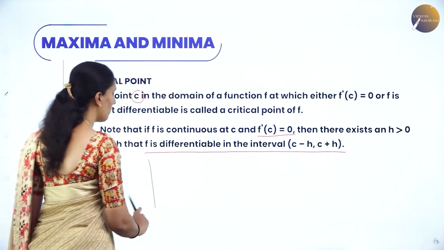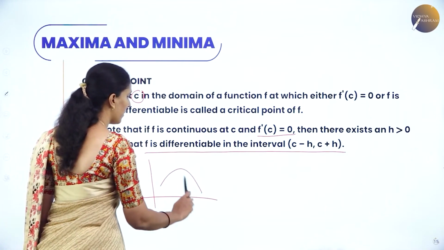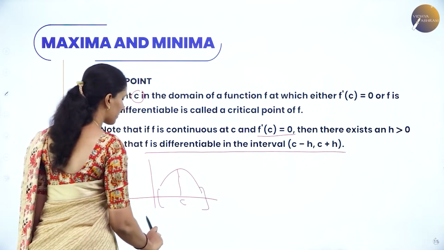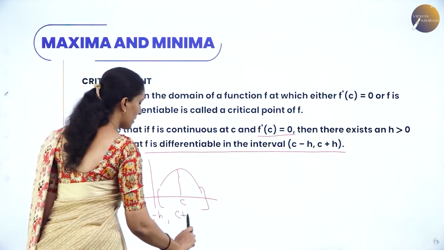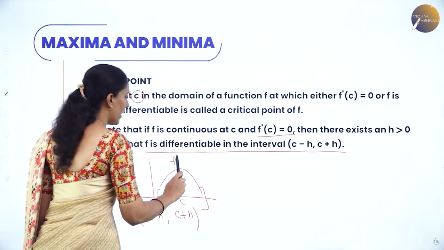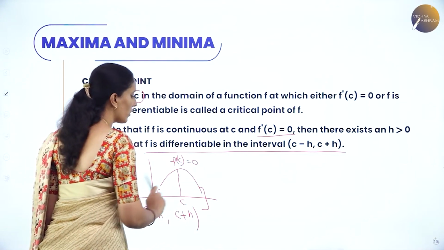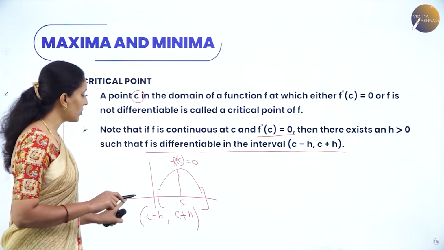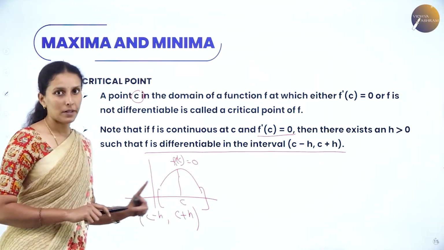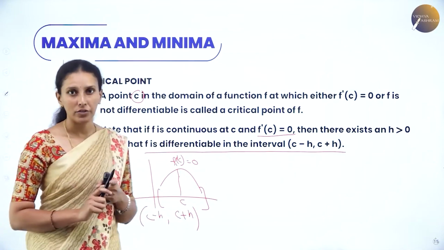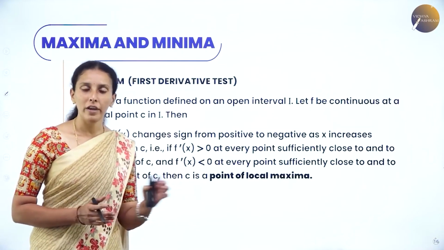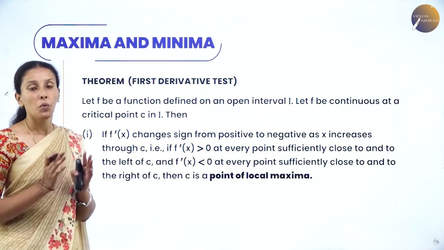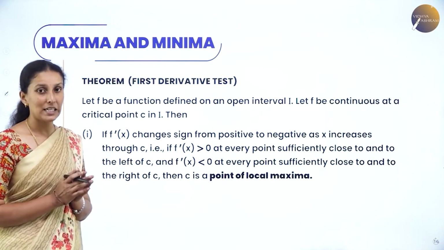So if you take a curve like this, and this is your c, the interval c minus h to c plus h, even though f dash of c is equal to 0 here or f is not differentiable at this point, there exists an interval from c minus h to c plus h where f is differentiable. Observing the following results, we get a theorem called the first derivative test. What does this first derivative test say?